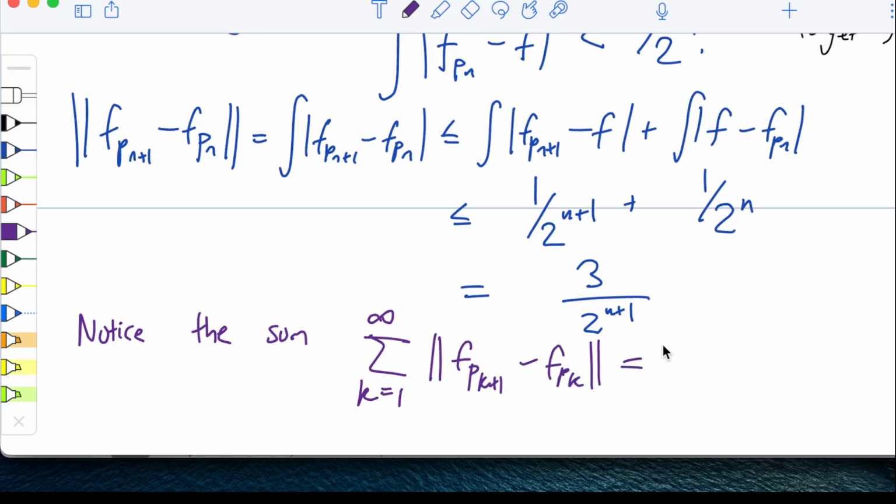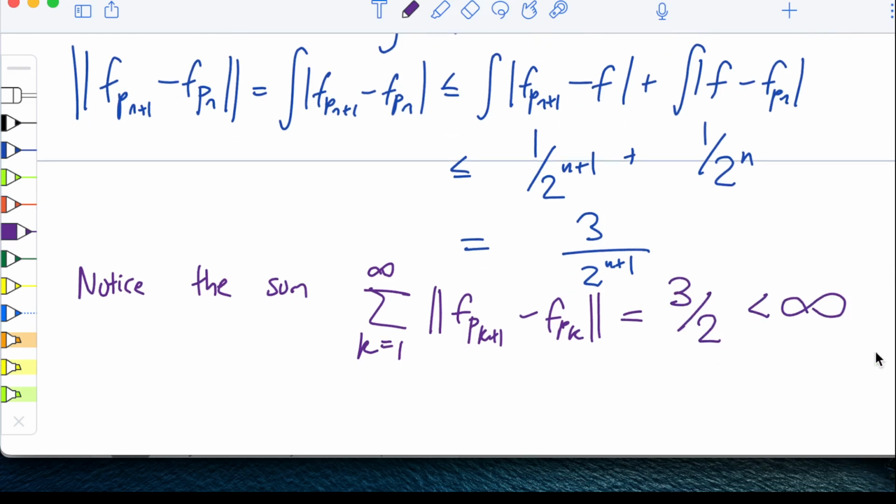The first term is 3/4, so 3/4 plus 3/8. So you start with a quarter, so you get a half. Okay, 3 halves. Which is less than infinity. If you don't want to know what the sum is, all you need to know is that it's less than infinity. Because it's everyone's favorite infinite sum, a half plus a quarter plus an eighth. You just multiplied everything by 3 halves to begin with.